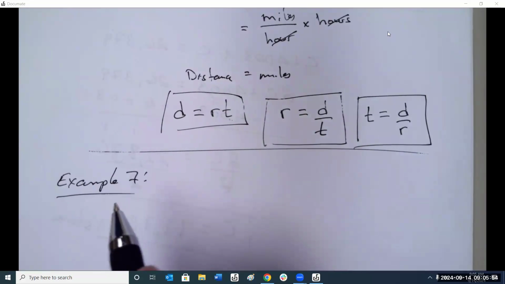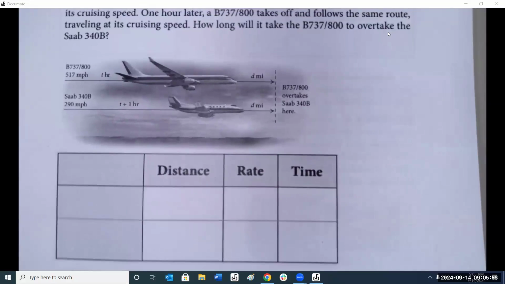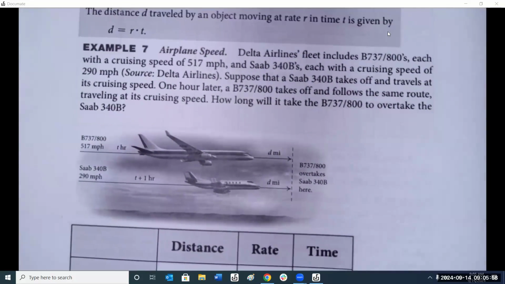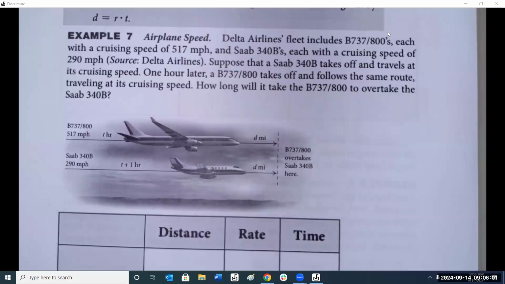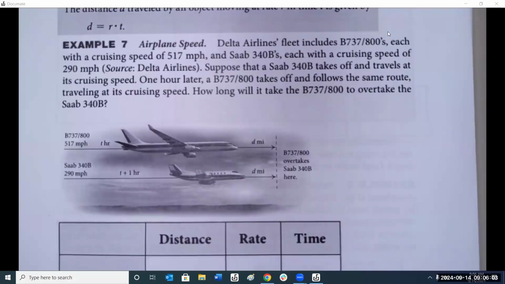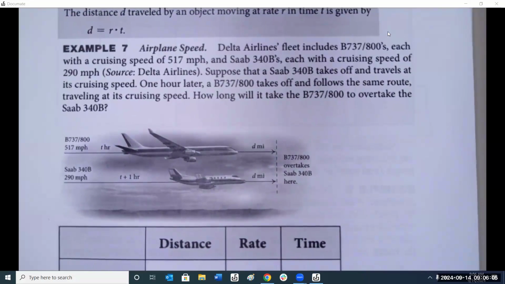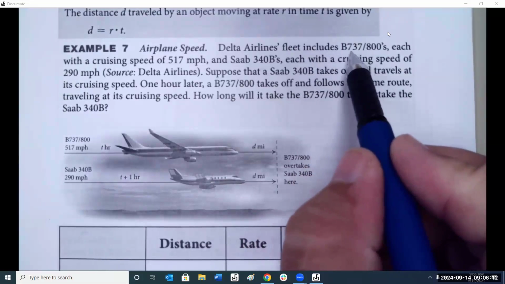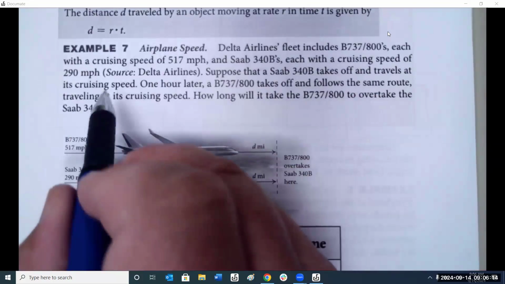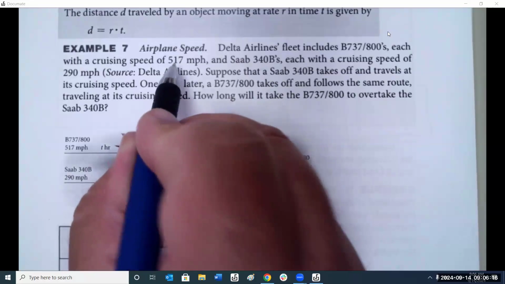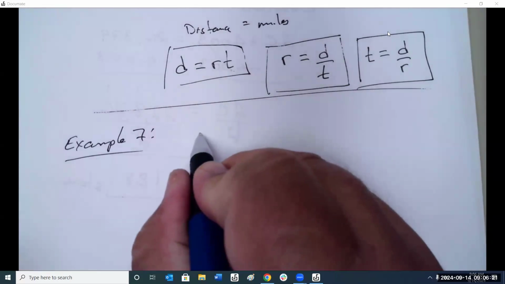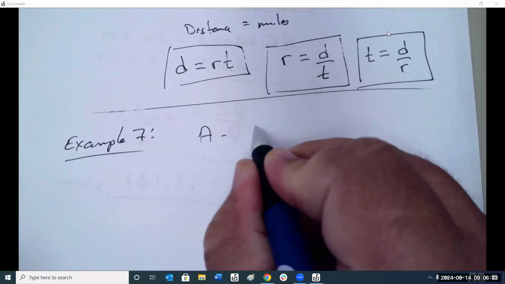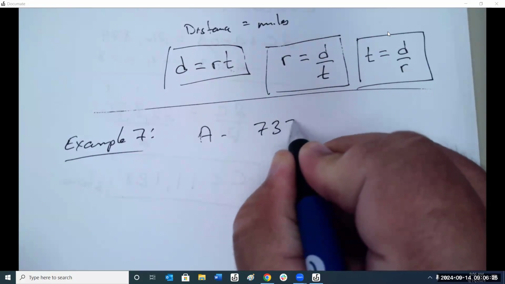Example 7. Example 7 is a typical one students see on standardized tests. You have two airplanes leaving the same airport going the same direction, but traveling at different speeds. Delta Airlines fleet includes Boeing 737s, each with a cruising speed of 517 miles per hour. So let's put that down. This is the airplane A. It's a 737.